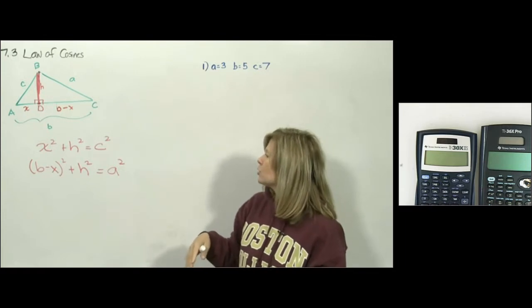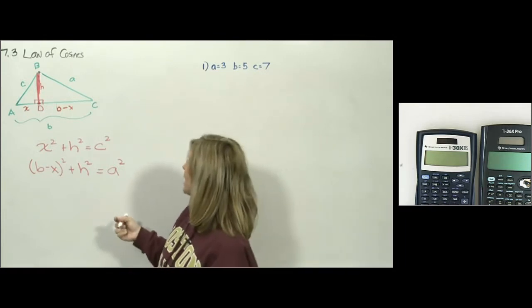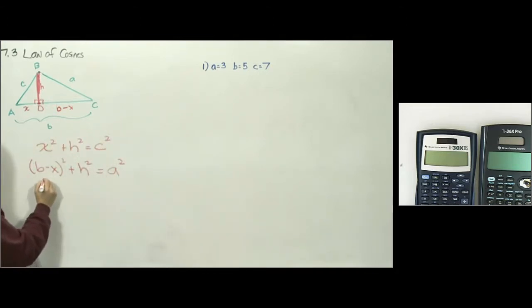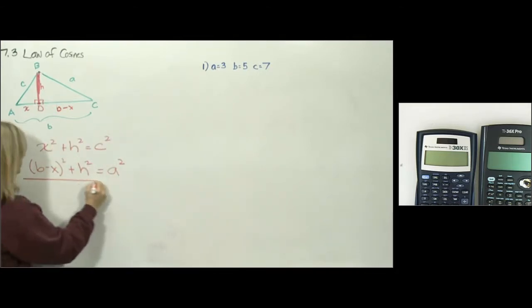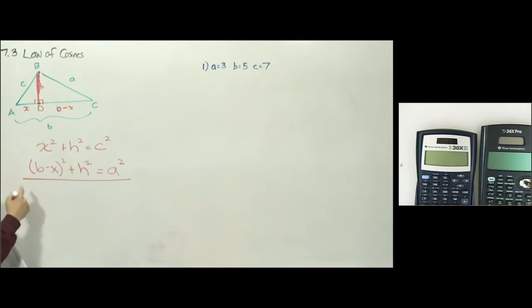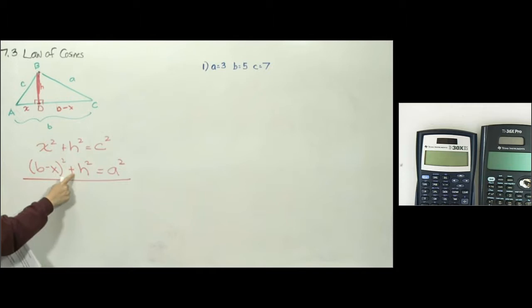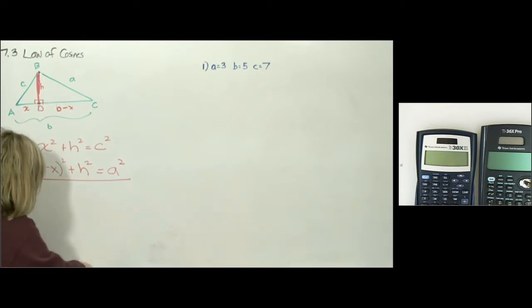So for this example, we could line these equations up. And to do the addition method, we know one of the variables has to cancel. Suppose we want this h squared to cancel with this h squared. So we'd have to make this one negative. So let's just distribute a negative across. Let me get a different colored marker here.